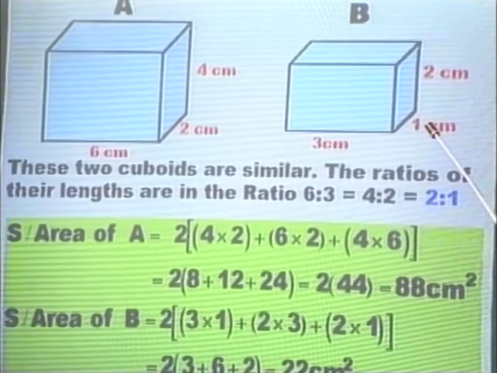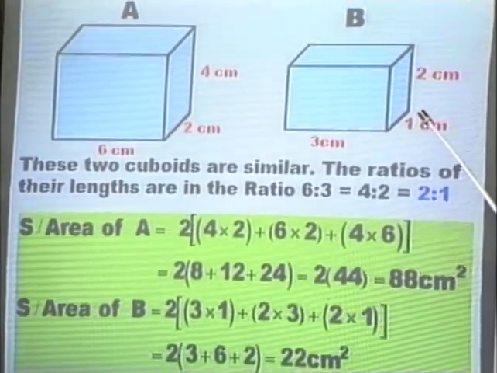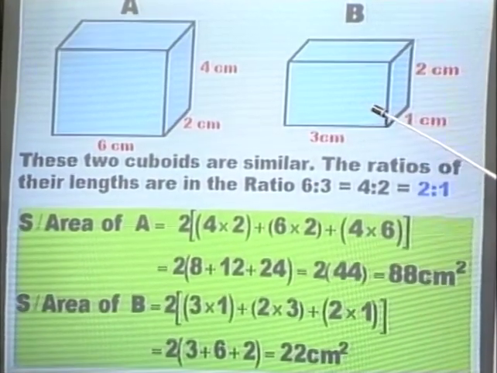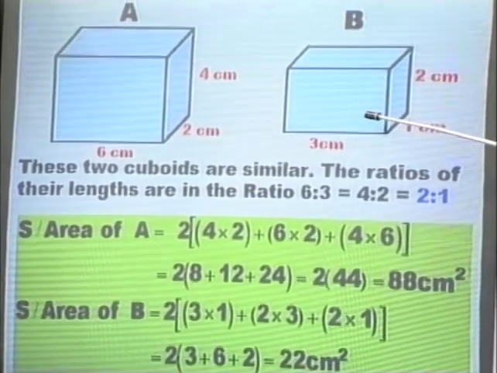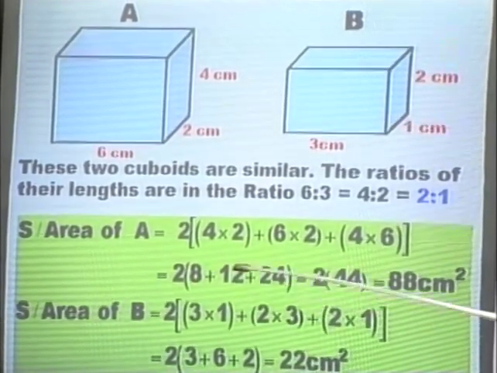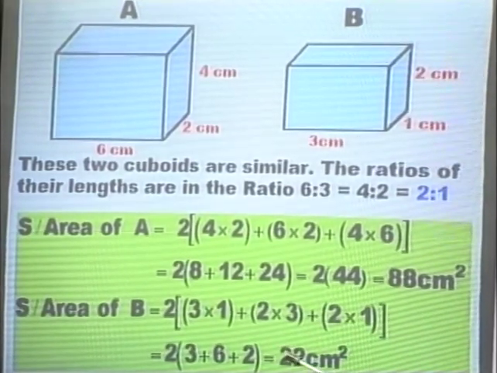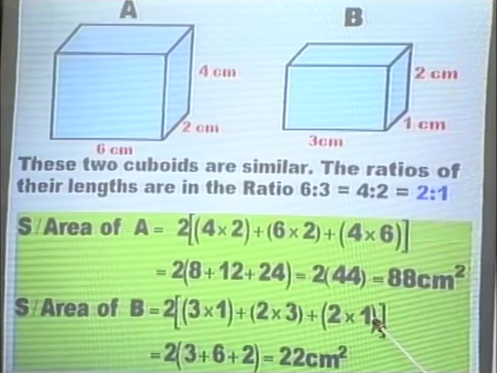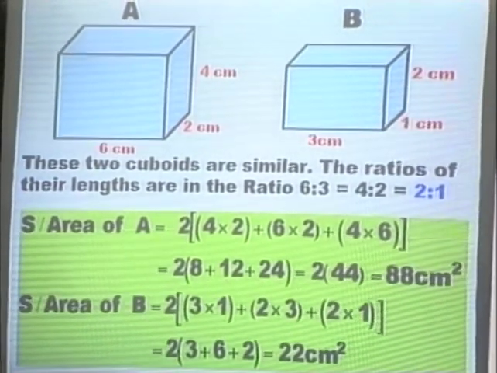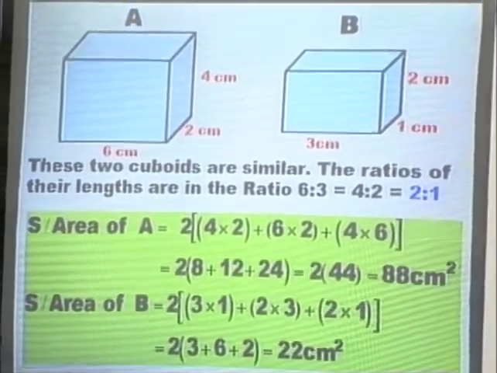I did the same to B. There are 2 faces that are the same as the front, which is 3 times 2. I multiplied that by 2, then 3 times 1, which is the bottom and the top, multiplied that by 2, and then the sides, 2 times 1, I multiplied that by 2, and I got 22.